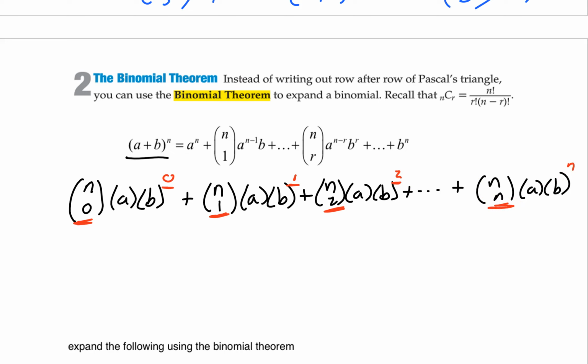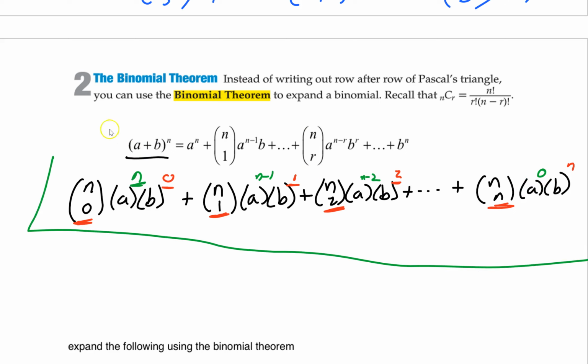Second thing, the power here and the power here have to add up to be that n right there. So in this case, 0 and n, 1 and n minus 1, that'll make more sense later. Like let's say this was a 10, and that's a 1, this would be 9. Same thing, if that was a 10, and that's a 2, this has to be 8. So we say n minus 2, and 2 plus what equals n is 0. That is the binomial theorem, right there.